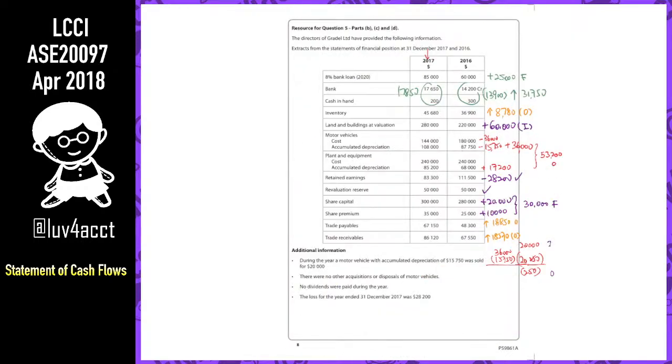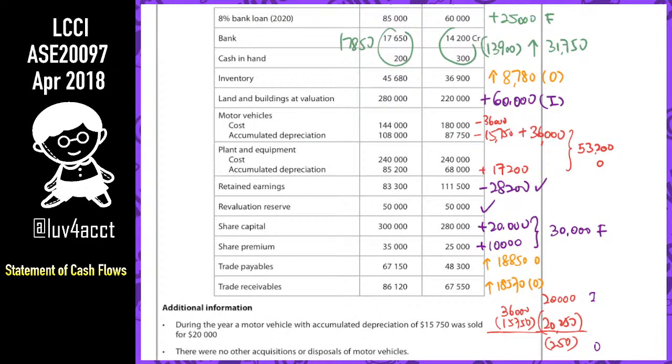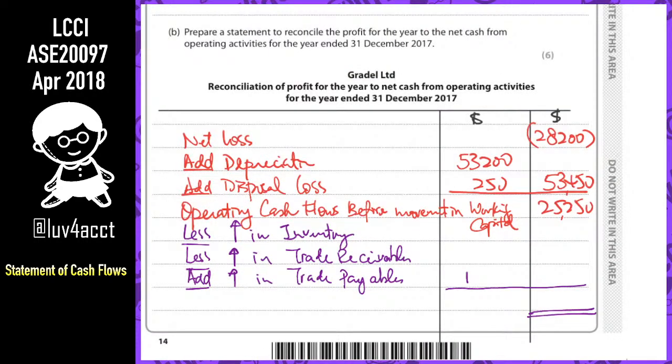Okay, let's see. Inventory 8780. Trade receivable 18570, 18850. Okay, 18850.